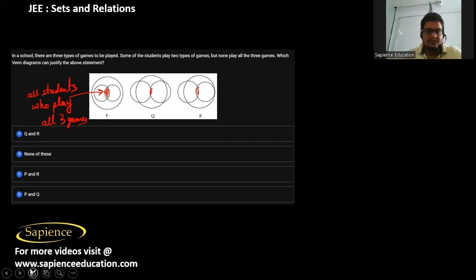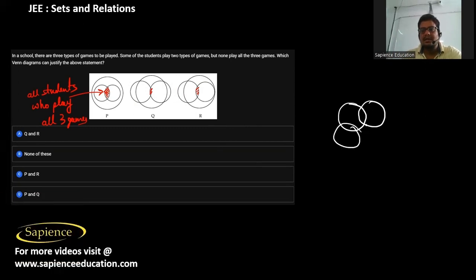The thing is that if we can show this type of Venn diagram, which is like this and somewhat like this, such that there is no common region, or it can be somewhat like this also, then we can say that there is no region where all the 3 sets are intersecting.